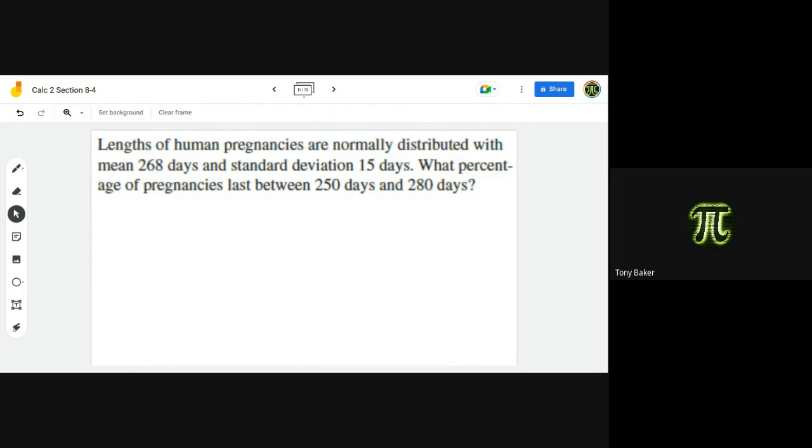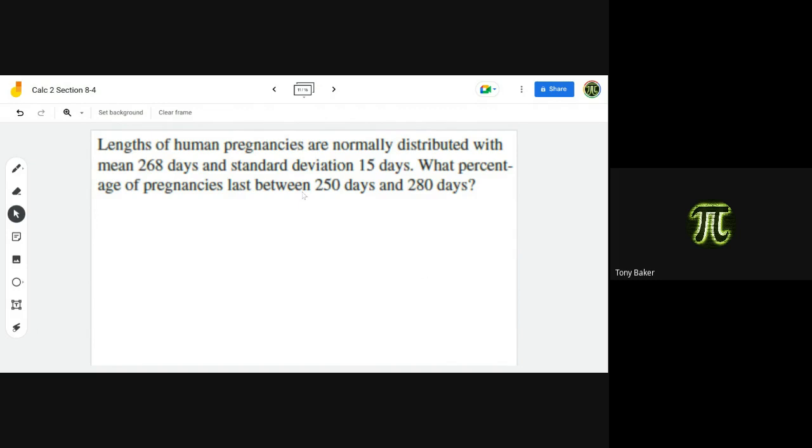While you do that, I will find the other piece of information I want. How do we find the percent?